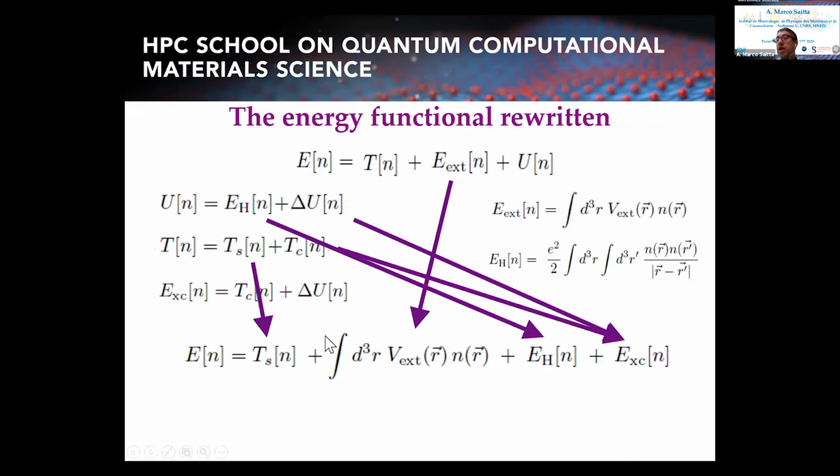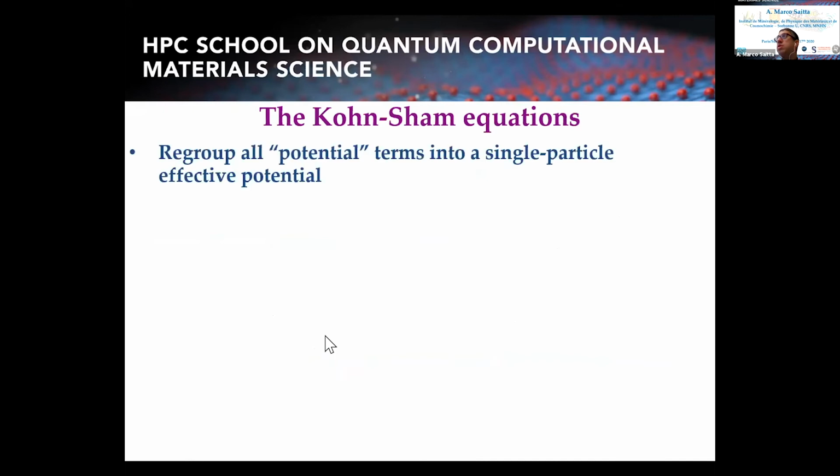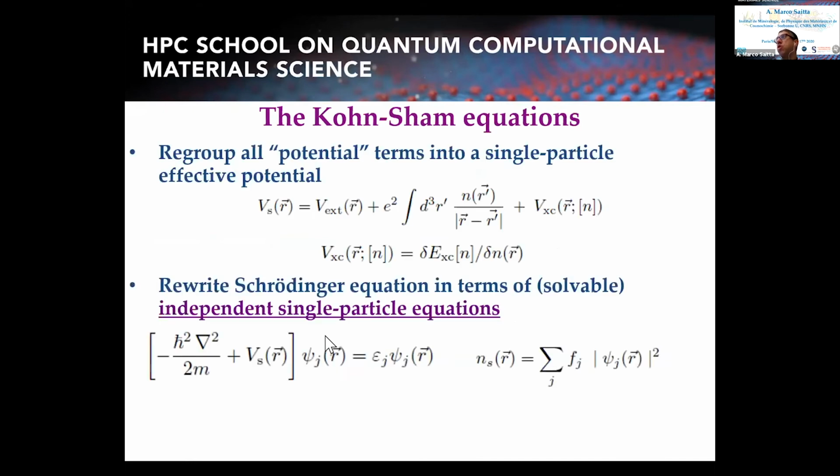The idea of Kohn-Sham is that when you do this mapping here, which of course I have no time to describe here, there is an approximation. The approximation is within this exchange correlation functional, which is generally treated in a local way, in what is called the local density approximation, and there are corrections to the local density approximation.